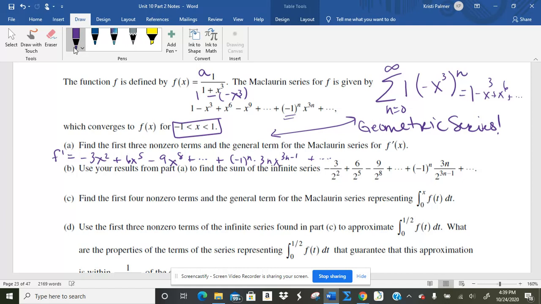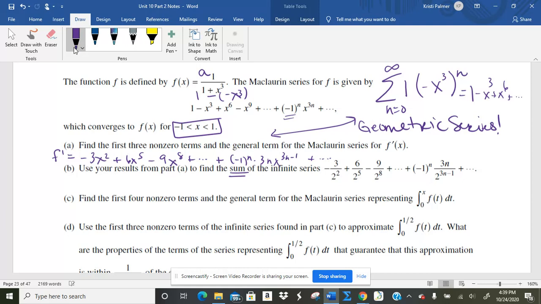Okay, part B says use your results to find the sum. So I'm using it to find the sum of the series for this guy right here. Okay. Well, what is this? That's the first thing I kind of want to look at. What did they do here?